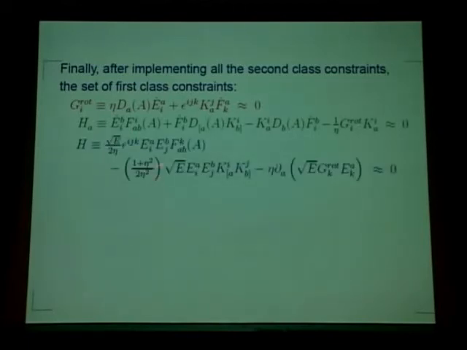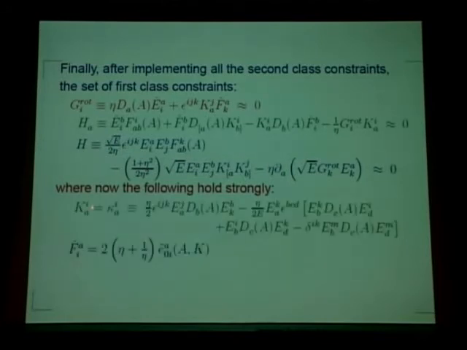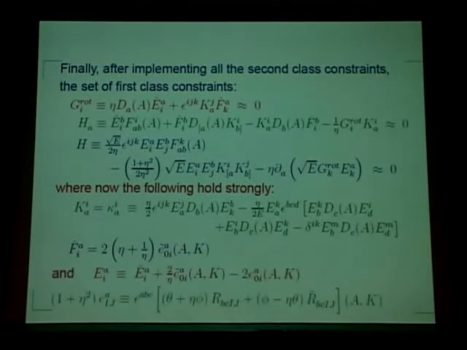And the Hamiltonian constraint is of this form. Where now we have the following to hold strongly. The second class constraints hold strongly now, that K is equal to kappa, which is this combination, and F is equal to this object, where this object is the dual of this object, which is a function of A and K.